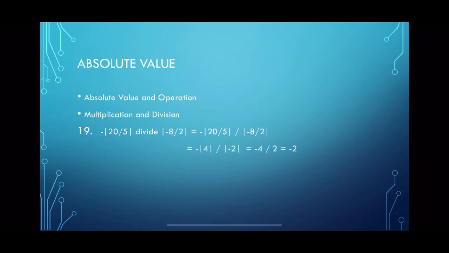Okay, 20 divided by 5 is 4 with a negative sign.